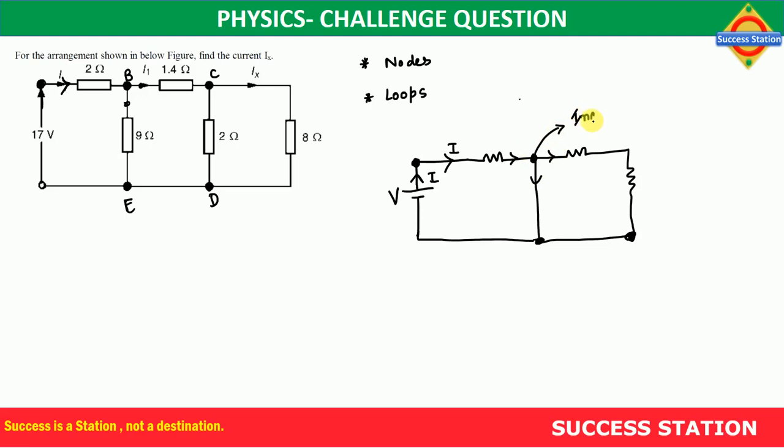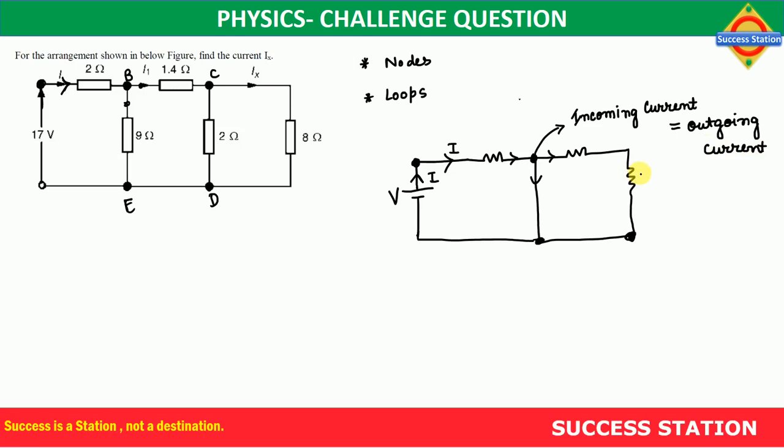Again we have to talk about the very fundamental law of physics, that is conservation of charge. Charge will always be conserved. So incoming current will be equal to outgoing current with respect to the node I am talking about. The incoming current in the node will be equal to the outgoing current from the node.